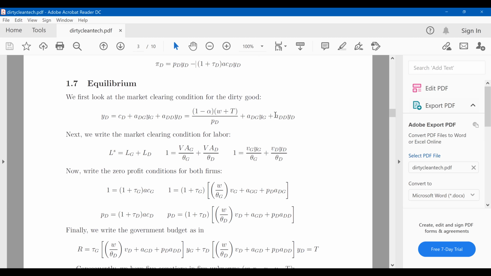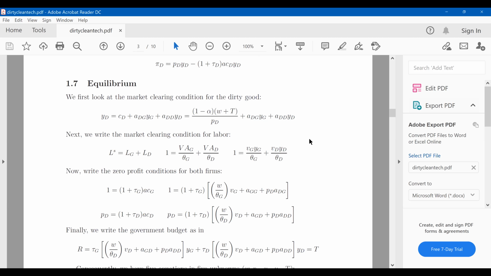So if I write this supply and demand condition, I have this, right? So this is supply for the dirty good, and this is total demand. So total demand has two components. One is consumption demand, which is there, right? And the other is intermediate input demand. Okay, intermediate input demand is originating from the green firm and the dirty firm itself.